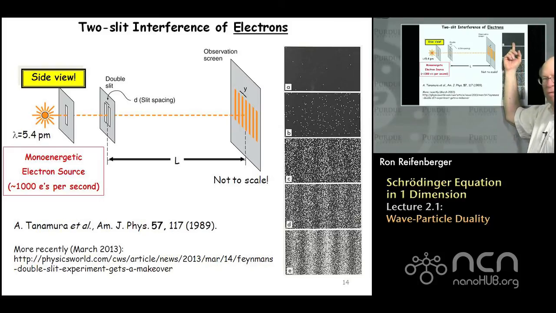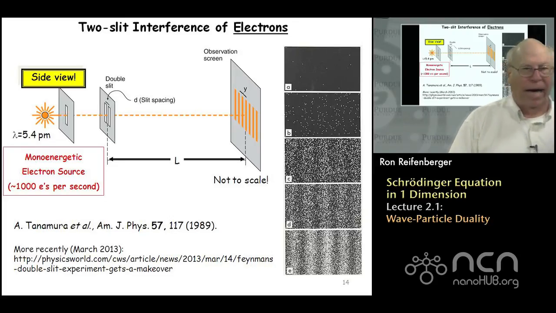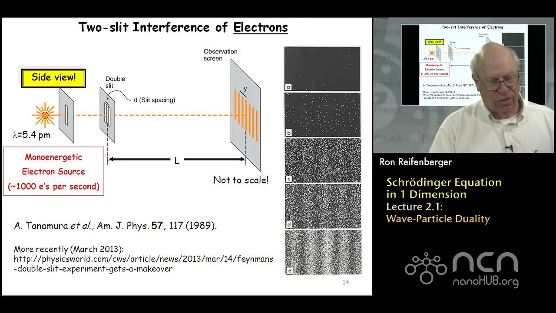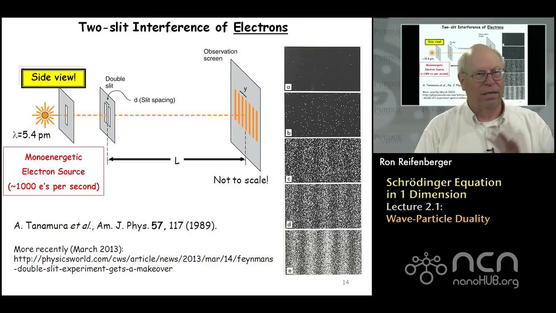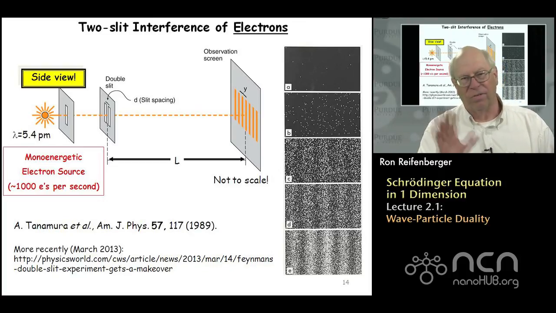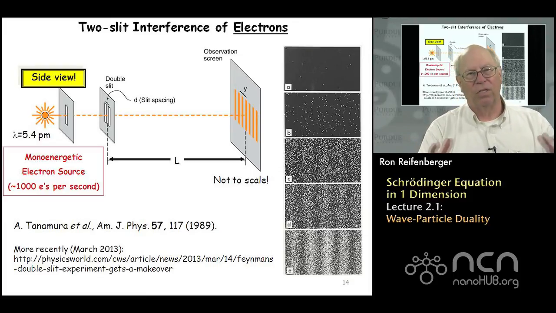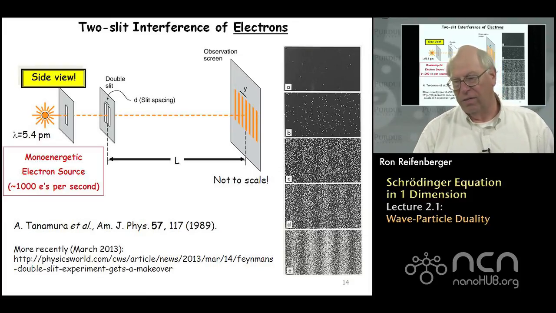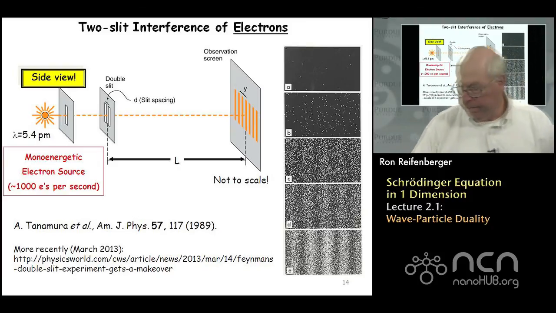Initially, very few electrons strike the screen. As the electron source is left on for a longer and longer period of time, you start to see a distinct banded pattern of electrons, and this banded pattern resembles Young's two-slit experiment with light. It's a very, very nice correlation. And again, it proves once again that these electrons do in fact behave as waves under certain circumstances.